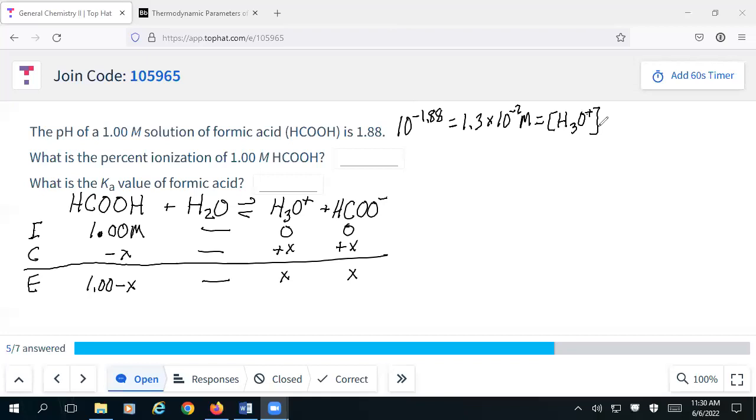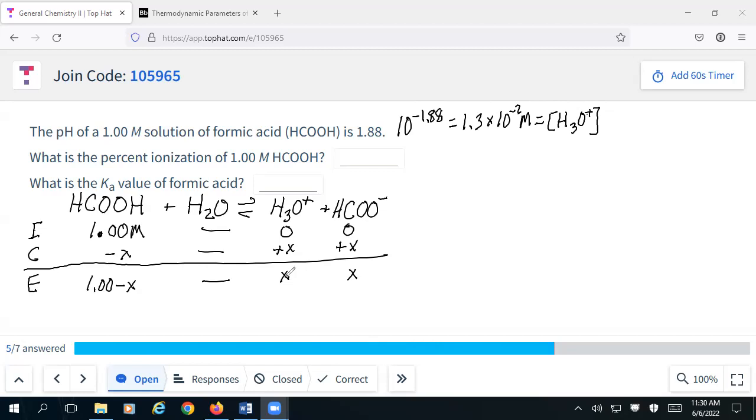All right, let's see how we're doing. So if you had trouble getting started, you'll want to look at the setups here as far as the ice table is concerned. So you had to set up your ice table. The formic acid was going to be 1 molar initially, everything else zeros.